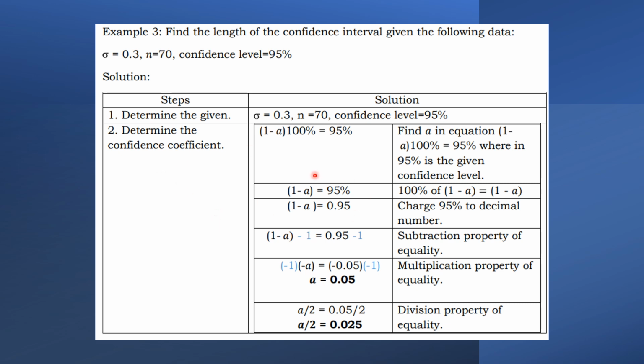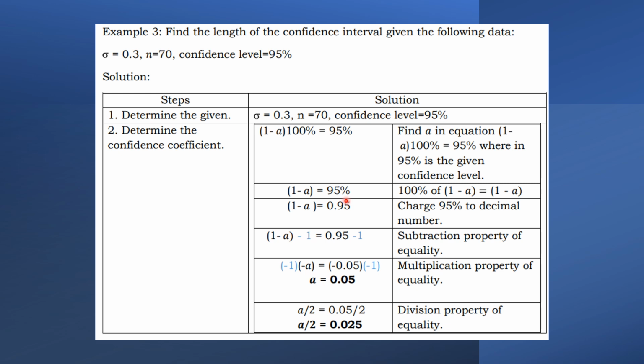So the first step is to use this equation. Quantity 1 minus alpha times 100% equals the given confidence level, which is 95%. Okay, always follow this format. And then after that, by multiplying 100% to 1 minus alpha, that is only equal to 1 minus alpha equals 95%.